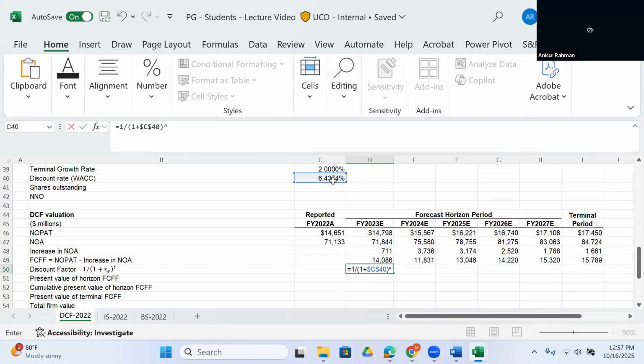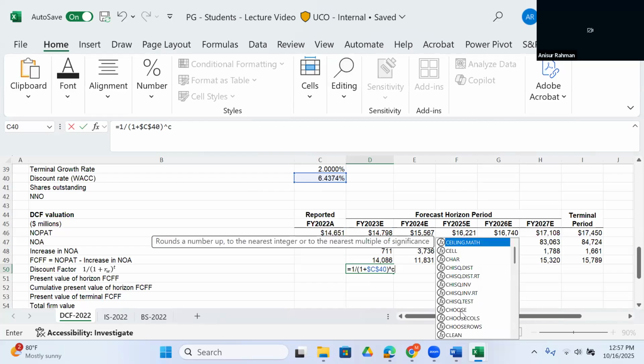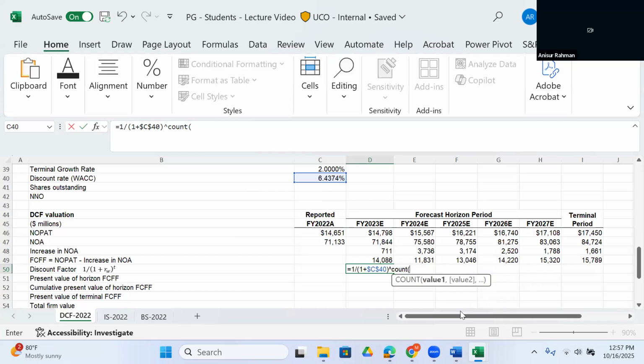I want to, instead of manually typing 1 for this year, 2, 3, 4, and so on, use the formula. For example, count, starting from here, and go to this. And then close. Now I'm going to lock this cell. So only this cell.